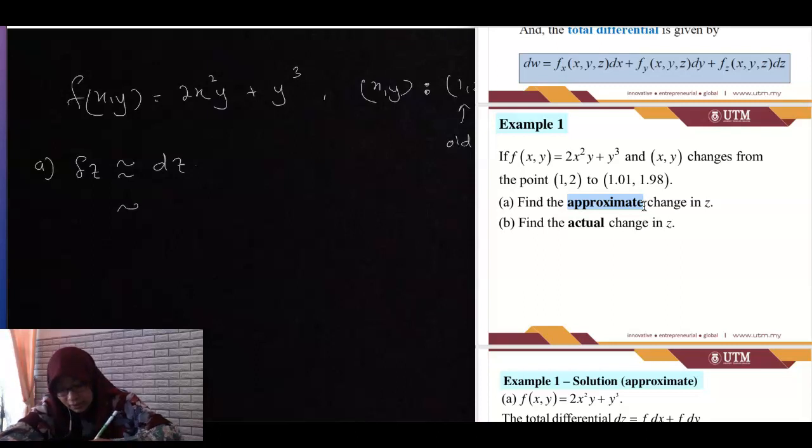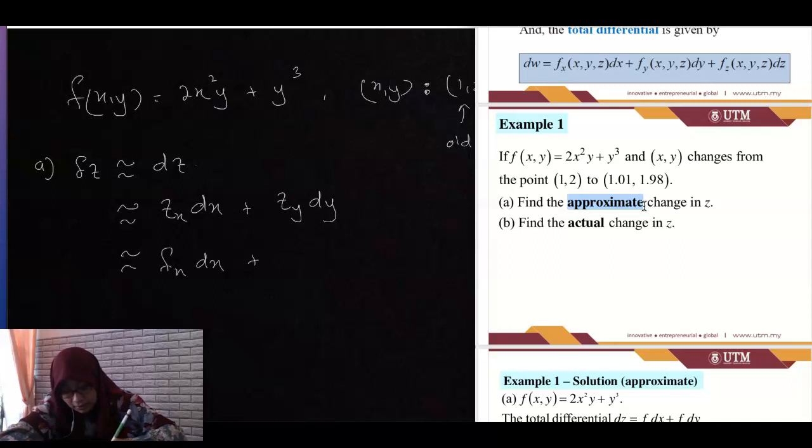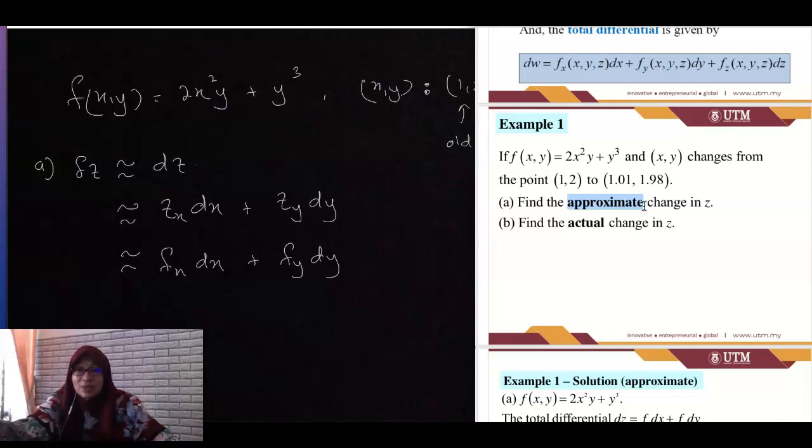We are talking about two variable functions, so we have zx dx plus zy dy, or you can also use fx dx plus fy dy. As I mentioned before, z or f can be used, because z is the function.